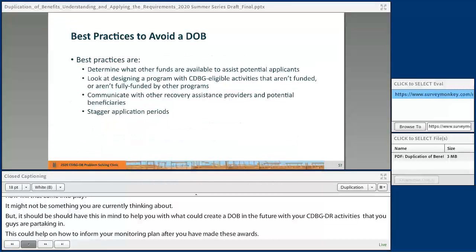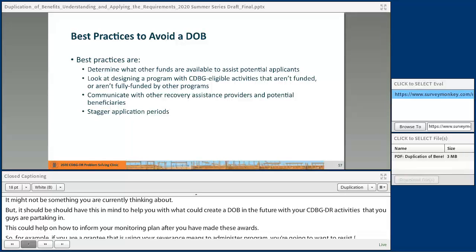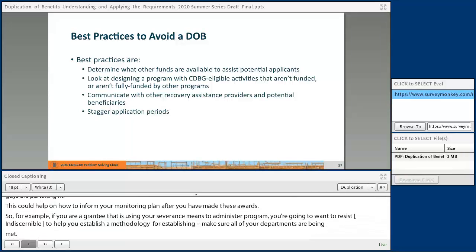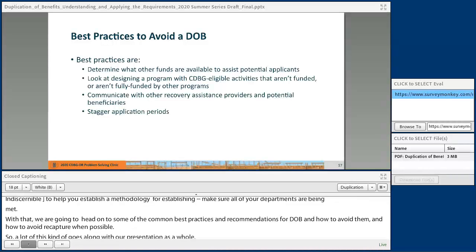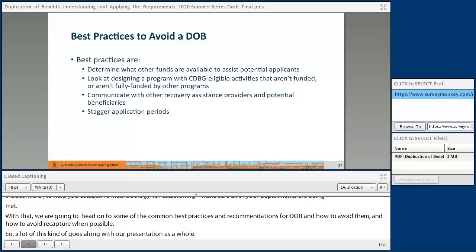And with that, we're just going to hit on some of the common best practices and recommendations for DOB and how to avoid them and avoid recapture when possible. A lot of this goes along with our presentation as a whole, but you really want to think about what's already out there and what's available. So who has existing disaster recovery programs and what types of assistance are they offering?